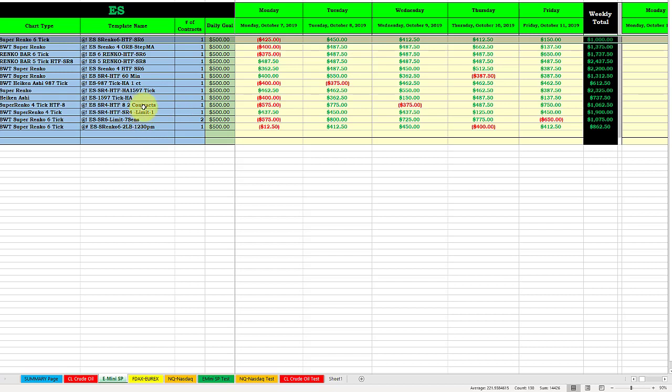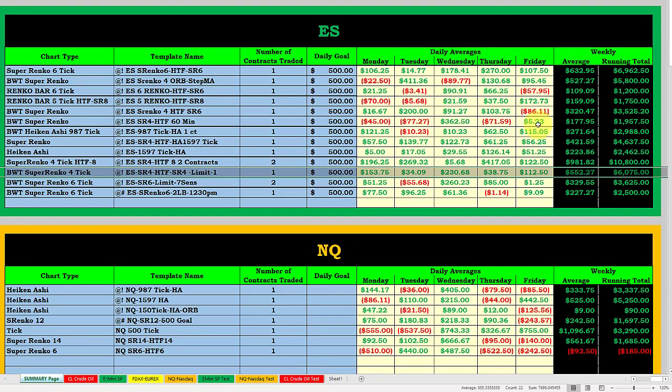The E-mini S&P on a regular Renko 2-tick has been deleted. That was the worst performer, and so that was dropped from the mix. I'm trying to reduce these down, and probably the second worst performer would be the Super Renko 6-tick. So I think I'm going to eliminate the 2 bottom performers.